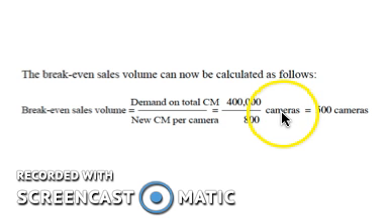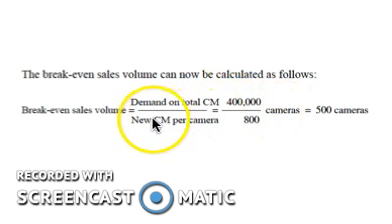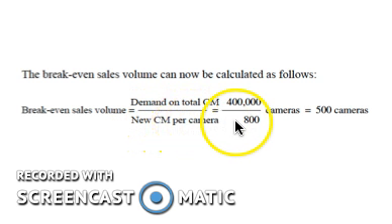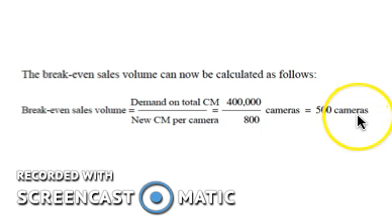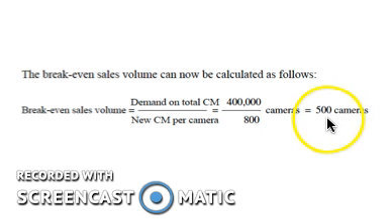This means that, taking the demand on total contribution margin divided by the new contribution margin per camera, the company needs to sell 500 cameras in order to ensure a positive result after the new price reduction.